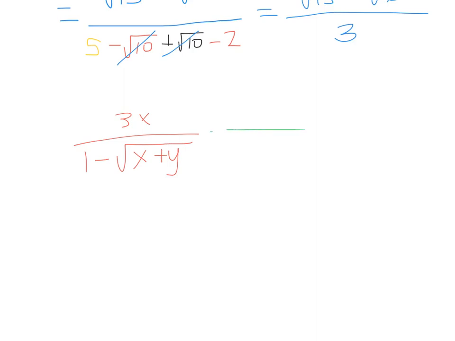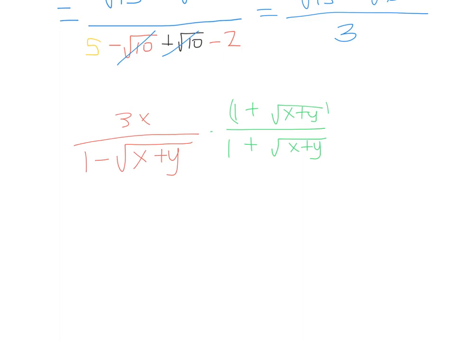We want to multiply by the conjugate of what's in the denominator. So the two terms in the denominator are 1 and the square root of x plus y. And we want to change the sign in between them. It was minus, so we want to put in a plus. And we multiply the top by that as well.